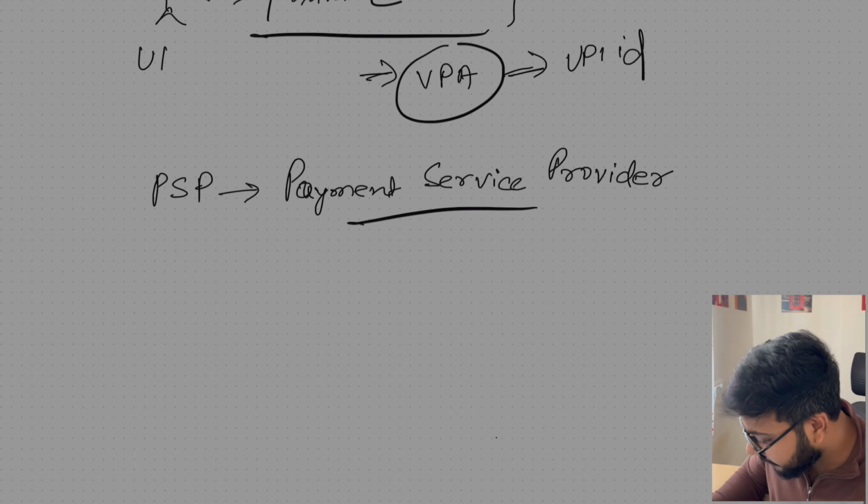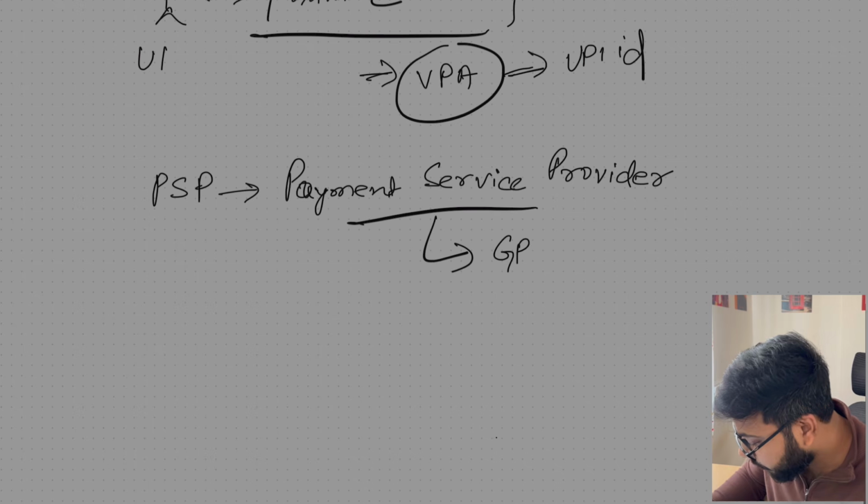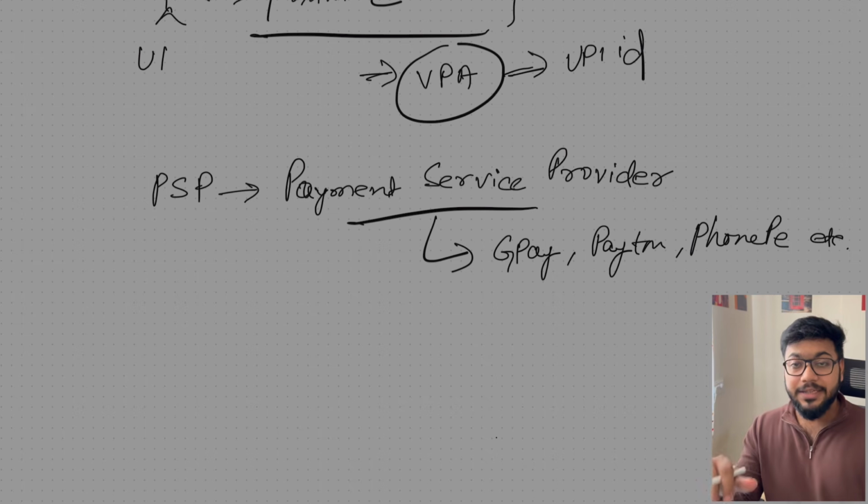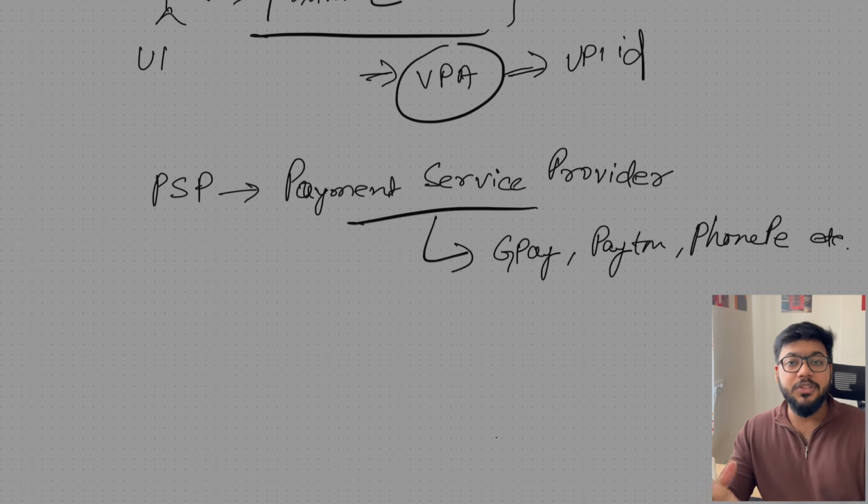All these applications like Google Pay, Paytm, PhonePe are the PSPs for NPCI. They themselves are not banks. They are just a front-end layer on top of banks. They don't hold your amount, right?